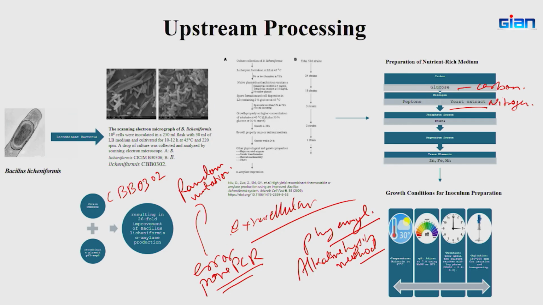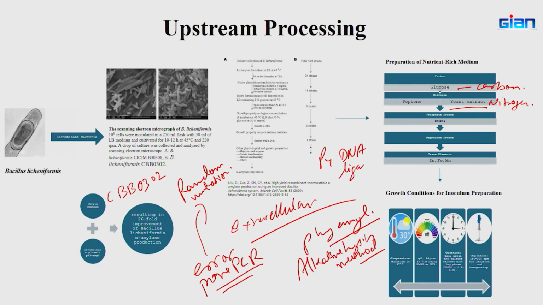Then we clone the modified genes back into the pHY plasmid, using restriction enzymes to linearize the plasmid. The randomly mutated gene is ligated to the plasmid using T4 DNA ligase.